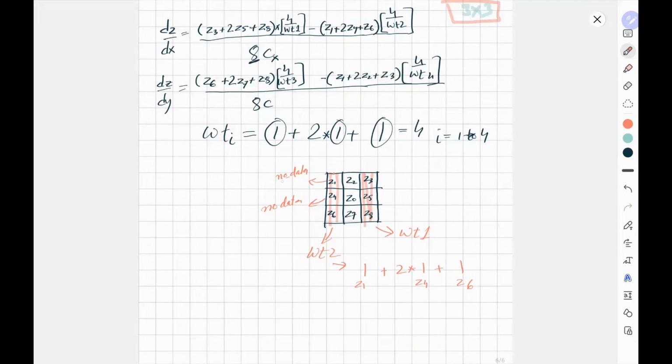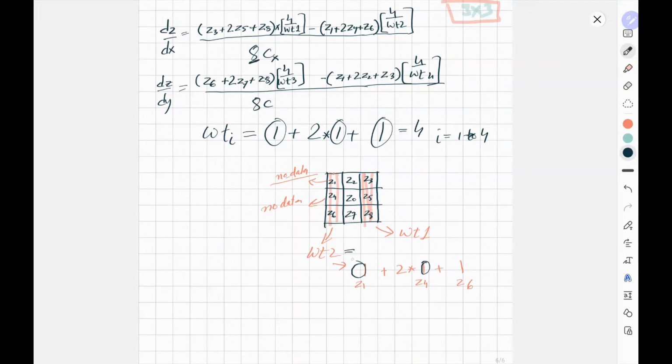So because z1 is no data, this factor will become 0, okay? And z4 is no data, so this factor will become 0, and z6 has a value, so it will become like this. So what will be my weight 2?